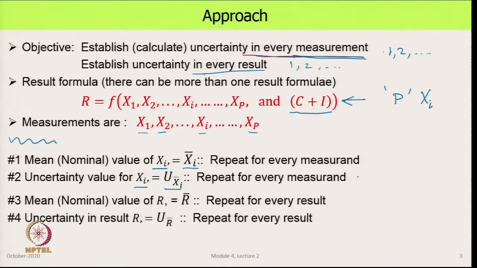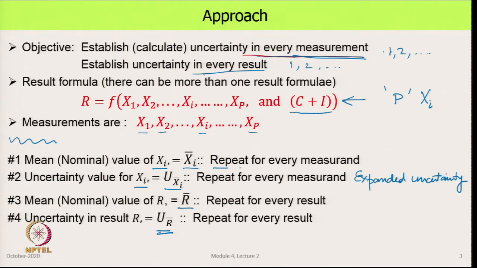This is also the expanded uncertainty, as we have seen earlier. Then we will calculate the mean or nominal value of the result, which is R bar, and then uncertainty in the result or the expanded uncertainty in the result, U R bar.